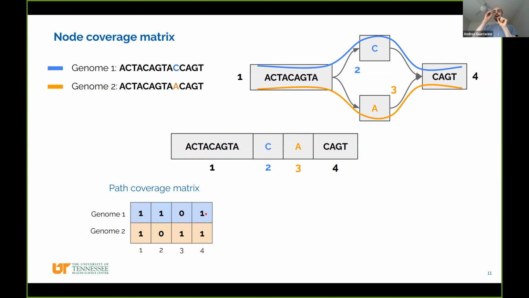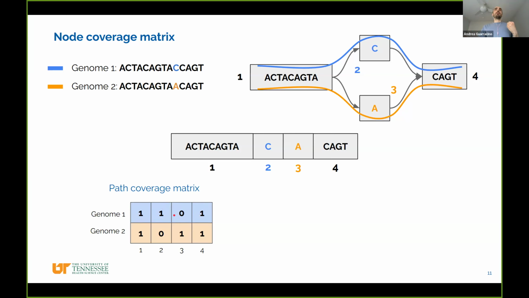So for each cell, how many times each path goes through each node. In this example, this path goes through nodes 1, 2, and 4, so 1, 1, 1, and a 0 to indicate that it does not go through node 3. You can also have a number higher than 1. It's not a binary matrix. These are integers.